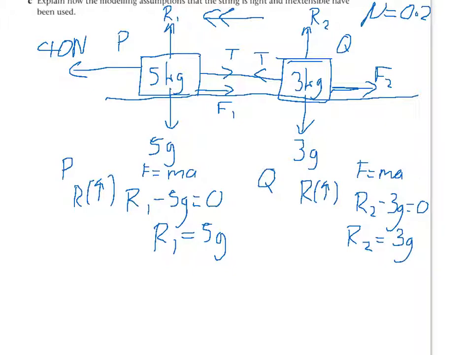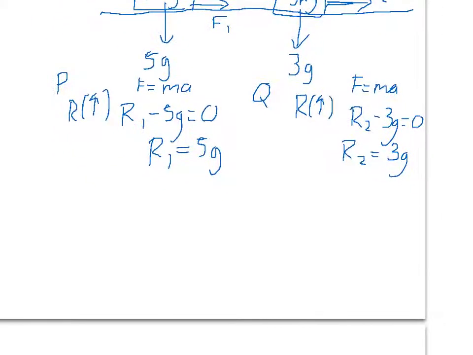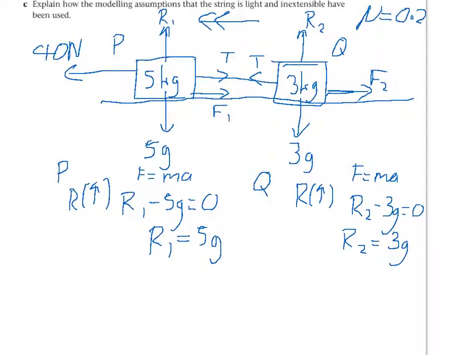Right, so now we know that our combined particle is going to be moving in this direction. So we're going to combine these two masses to make 8 kilograms.